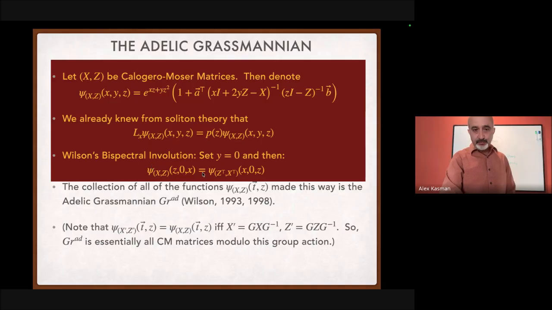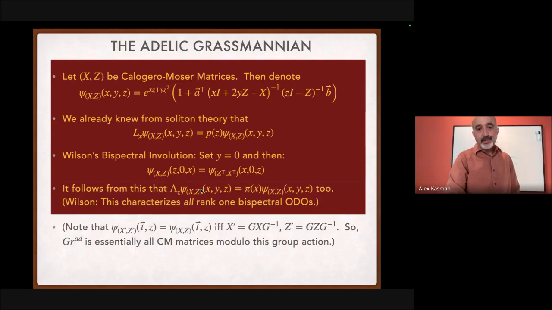The reason that's relevant to us here is we already said that this function is an eigenfunction for whatever variable is in this first position, which means that it's now an eigenfunction for an operator in z. So from this, you also get that all of these wave functions are eigenfunctions for operators in z. So all of these wave functions are bispectral.